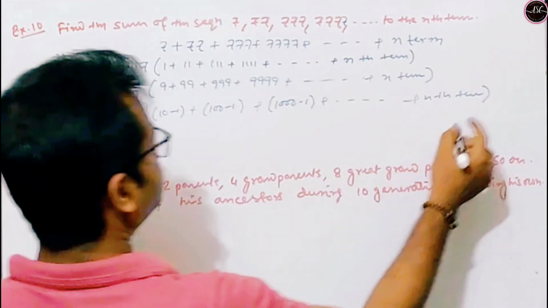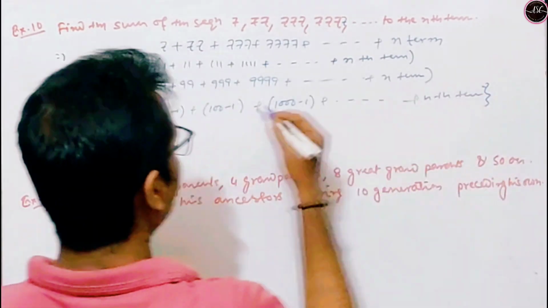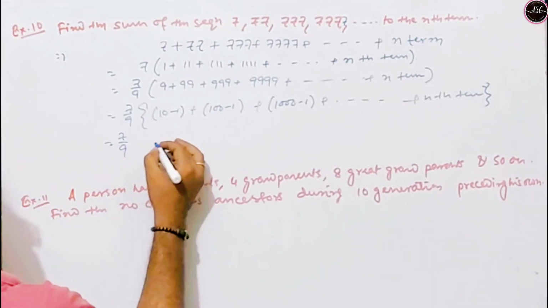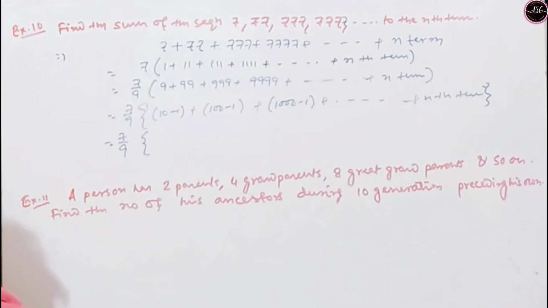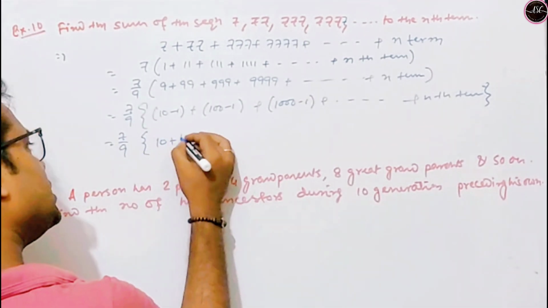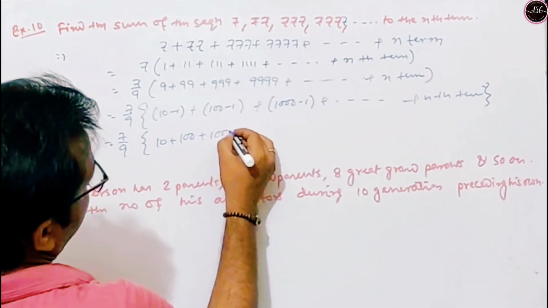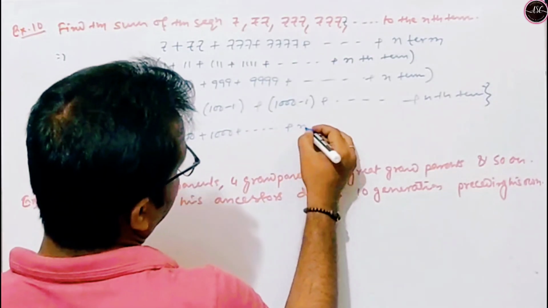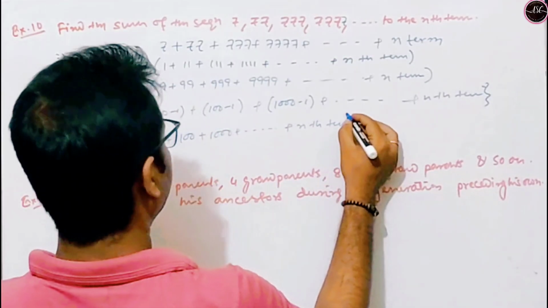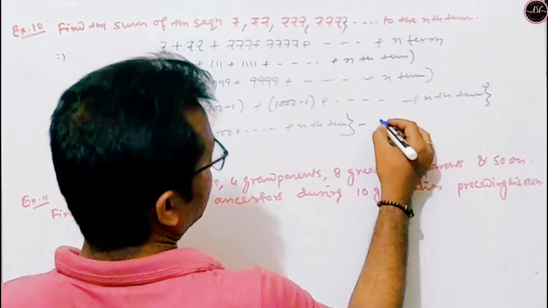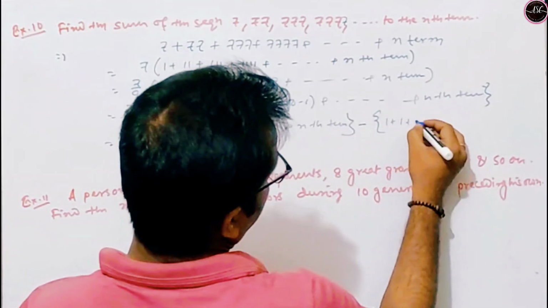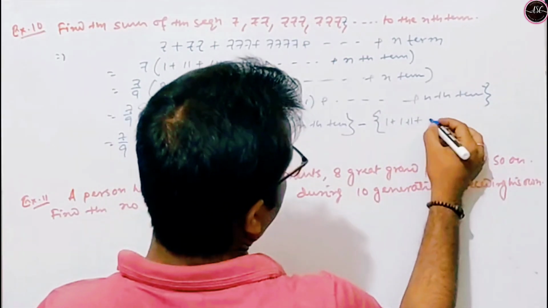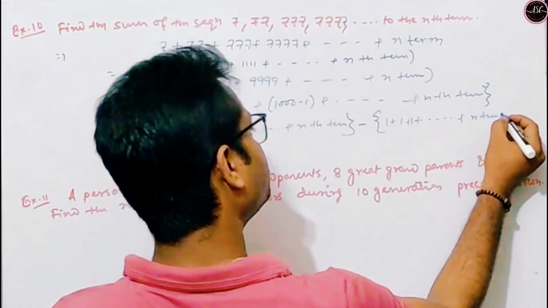So 7 by 9 times 10 plus 100 plus 1000 plus up to nth term, minus 1 plus 1 plus 1 plus dot dot dot up to nth term.